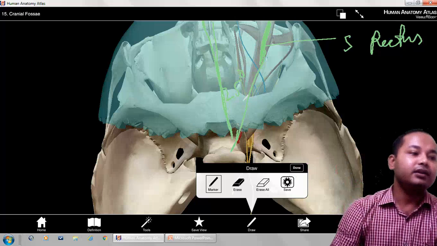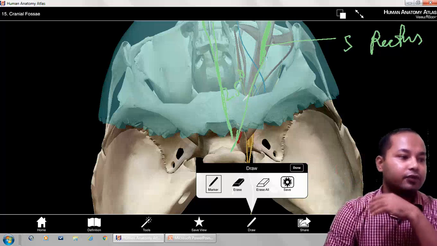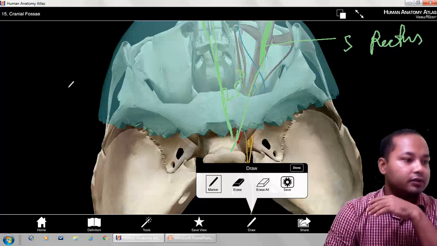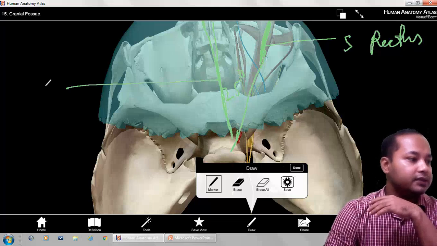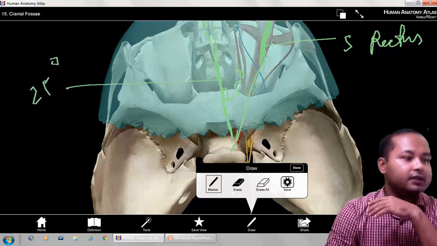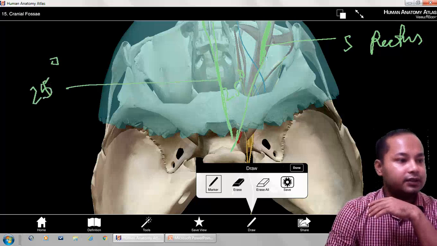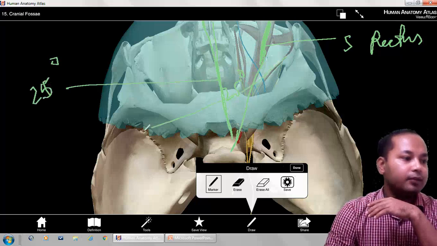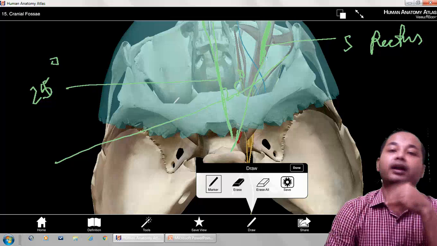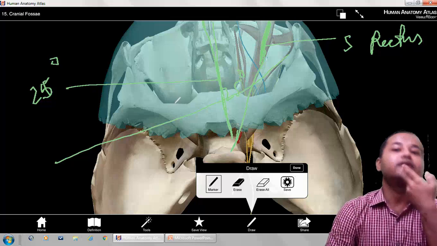And the same thing, this is 25 degrees I have told you. I will link it out so that it becomes easier. The same thing applies in the case of the oblique muscles. If you see, this is the superior oblique and inferior oblique, one on the superior part and one on the inferior part.